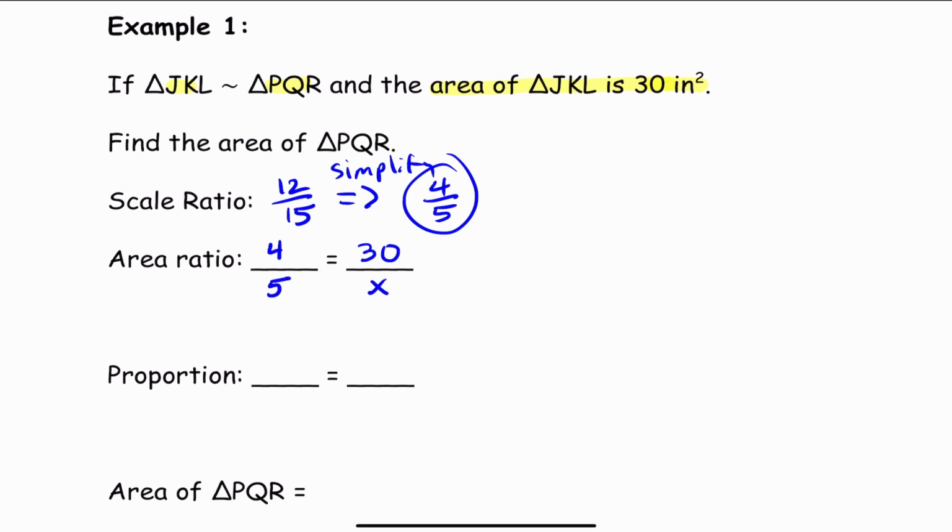Now, these two ratios are not proportional to each other, and there is a reason. Our scale ratio, and yes, your scale ratio will always be one-dimensional. Let's write that down. Scale ratio is always one-dimensional, so 1D. Now, our scale ratio compared to this ratio, this one is one-dimensional.